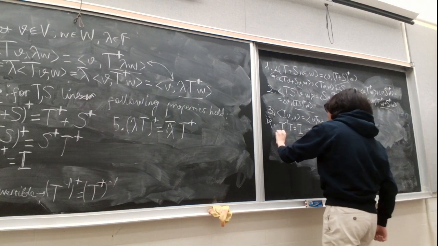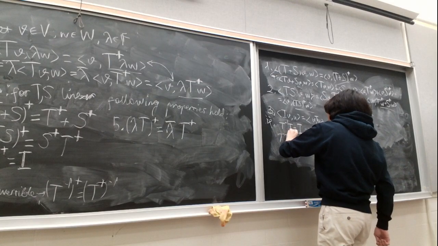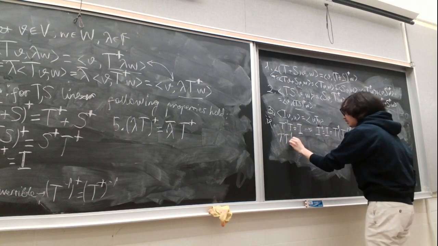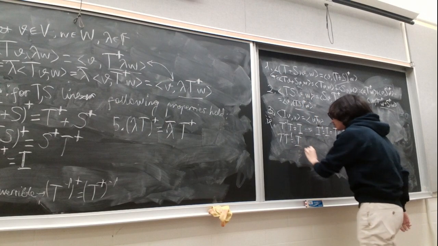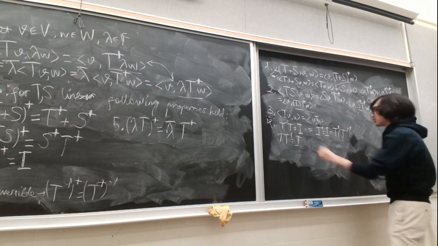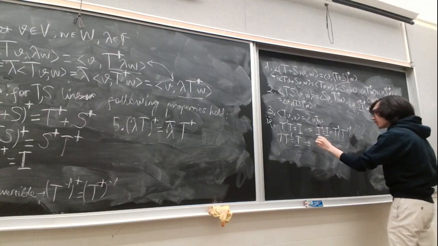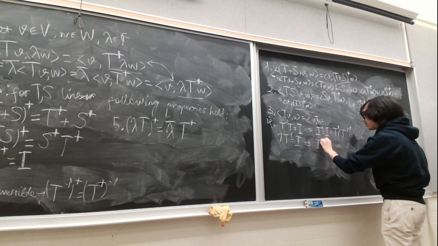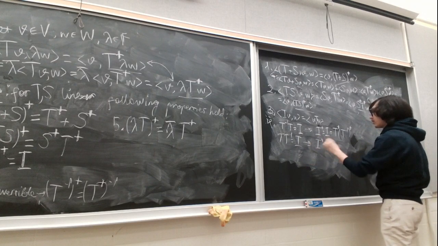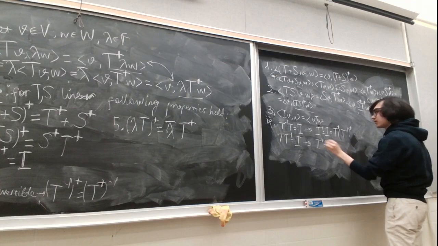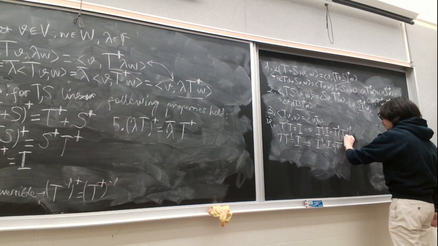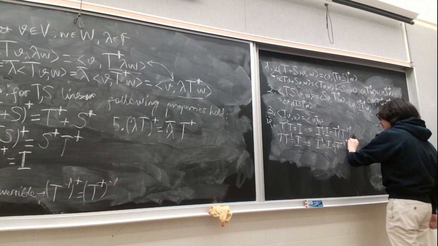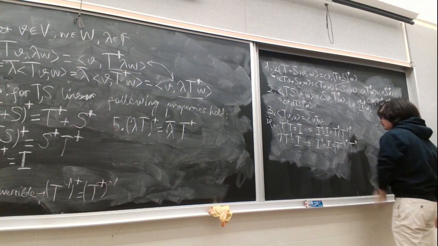Then we also have that T times T inverse is also equal to I, so we switch the positions. And then same thing, we take the adjoint and we get T adjoint and T adjoint.